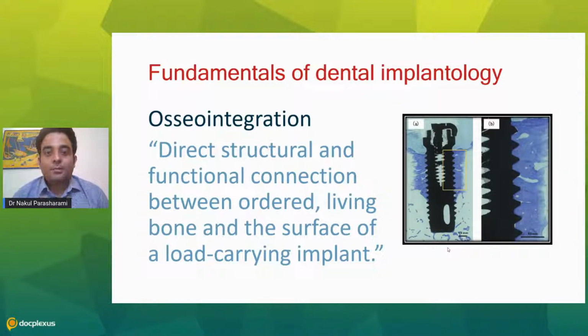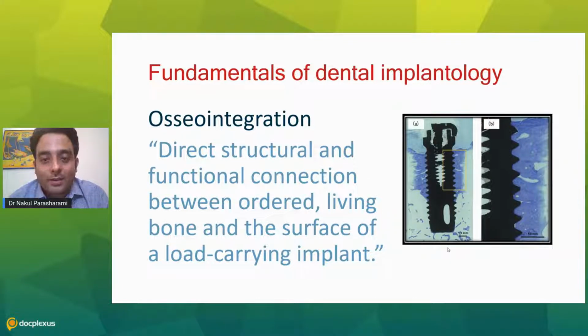So, to get into the basics of how dental implantology works, we will first have to understand what osseointegration is. It is basically a direct structural and functional connection between ordered living bone and the surface of a load carrying implant.